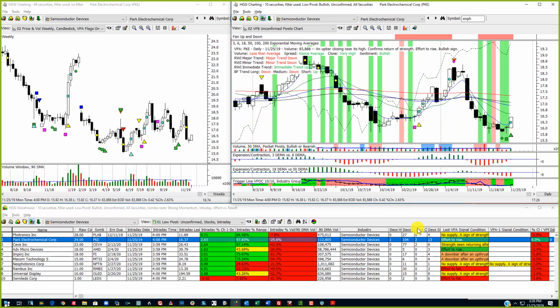Okay, here we go. Now here you can see up here that the fan is down. This is what I was trying to find on M phase, but here the fan is down. So, you know, putting it in context, you're fighting a lot of overhead resistance here. There's no weekly uptrend, that's for sure. It's just kind of bouncing around.